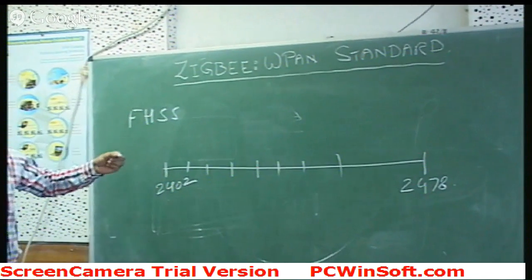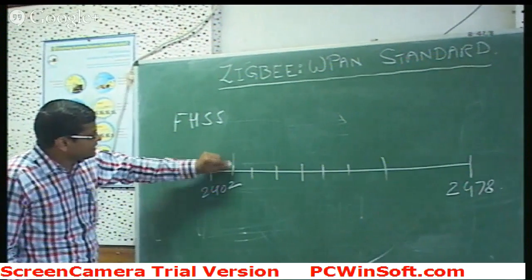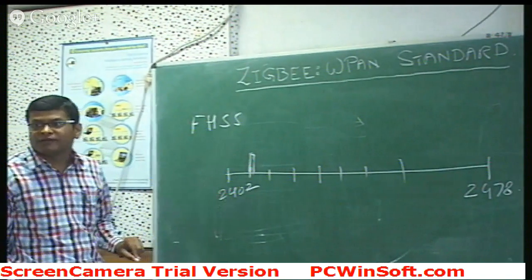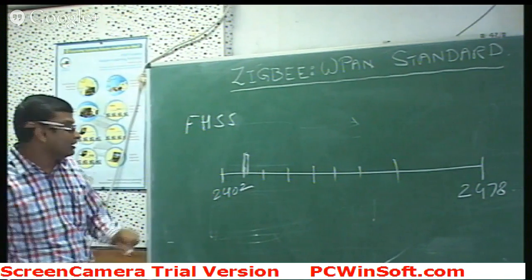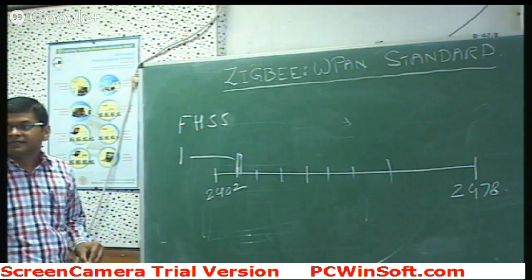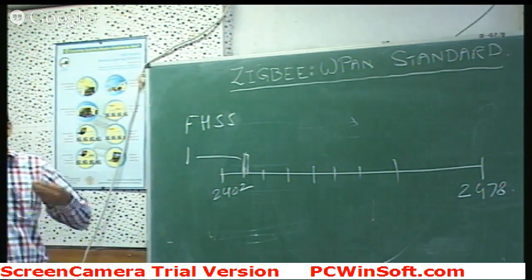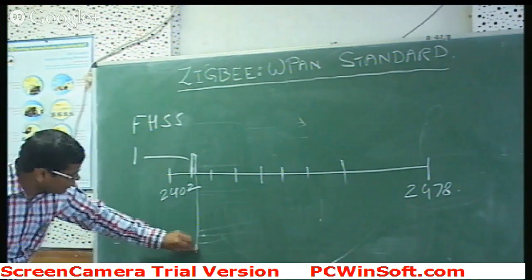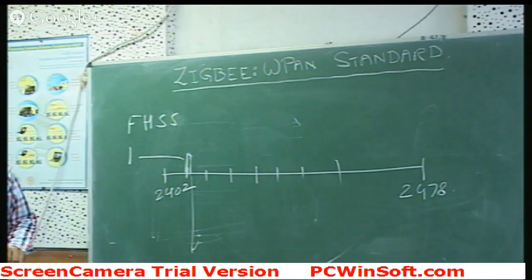Now, what I do is my signal will normally go by a single channel. For example, I select channel 1. Now, my receiver, which is connected to the transmitter, also is clocked to this particular frequency.